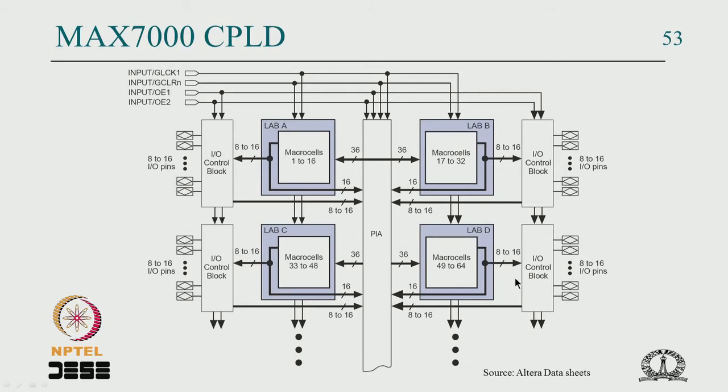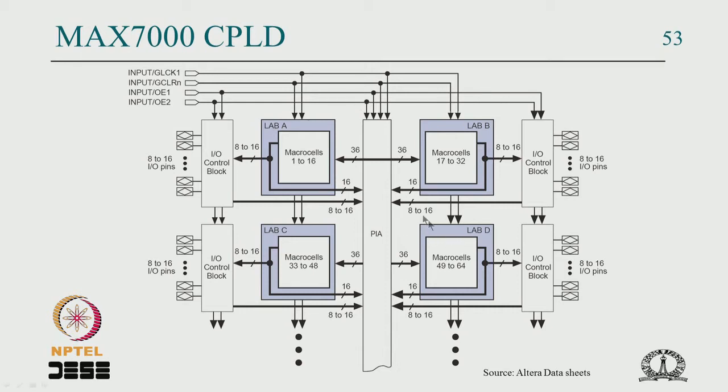The architecture is kind of similar, so you need not worry. Maybe the specific numbers, inputs, outputs and all may vary between the devices, but otherwise the architecture is similar. So we will be able to understand by using a mix of Xilinx and Altera device diagrams.